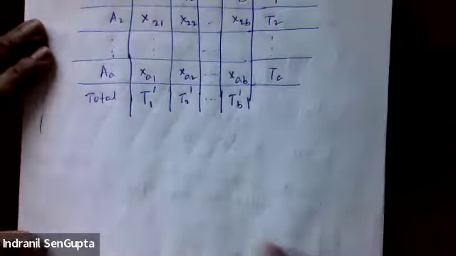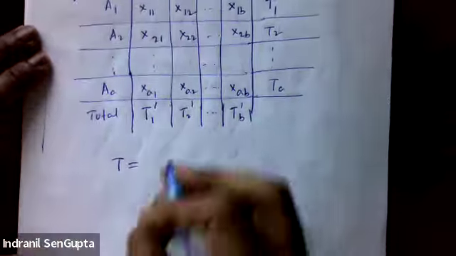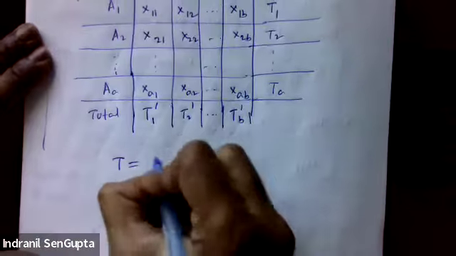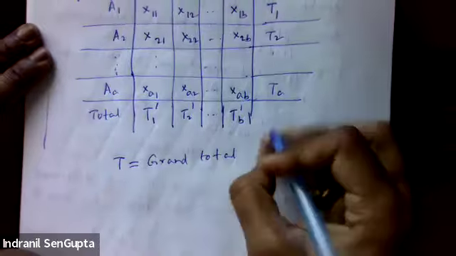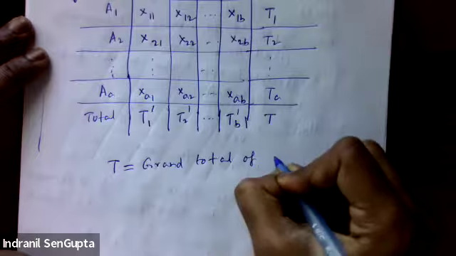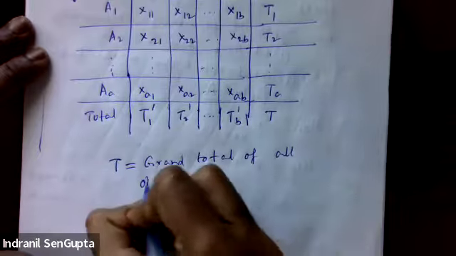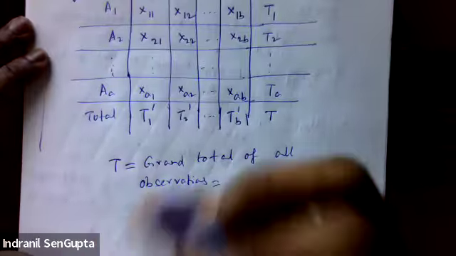And then I denote T to be the grand total. So this is T of all observations. That can be obtained in three different ways.